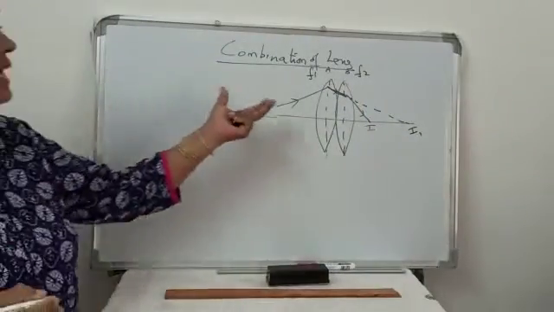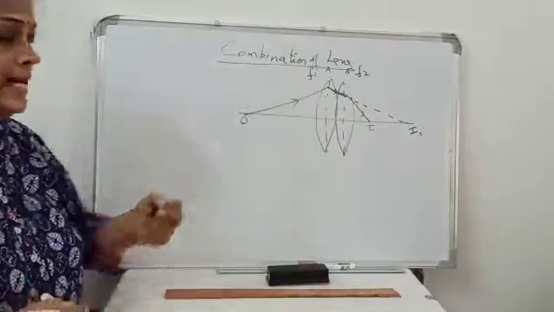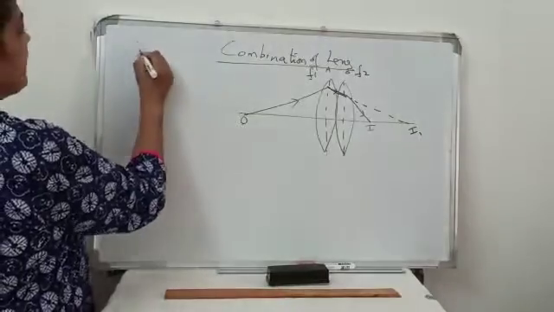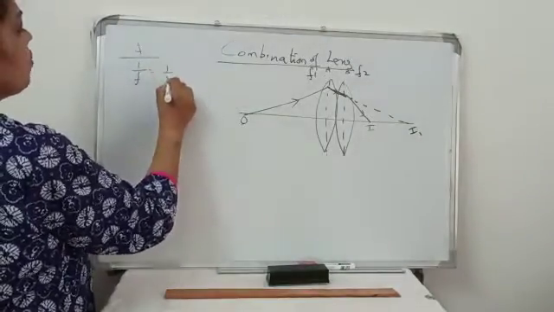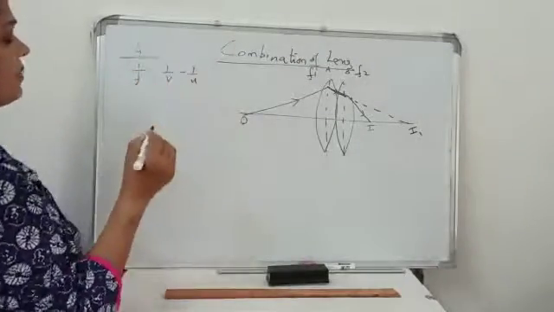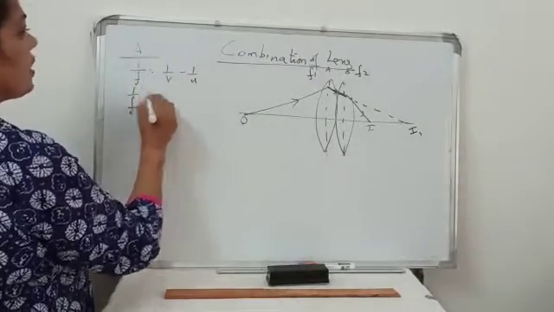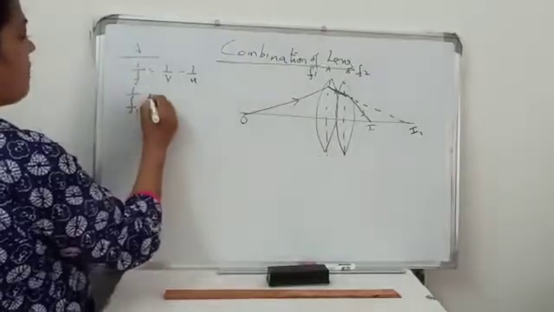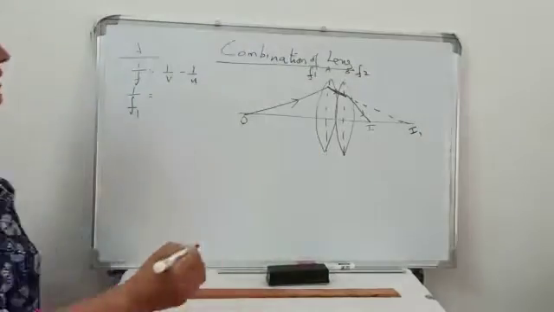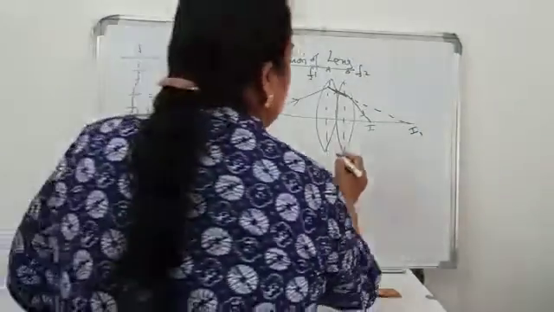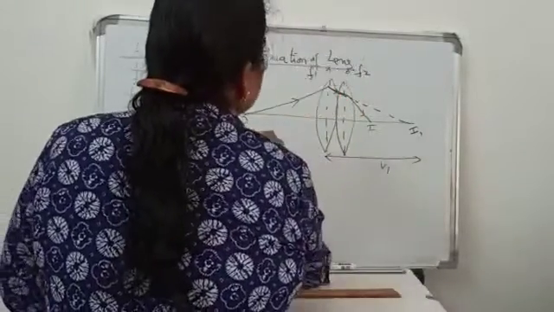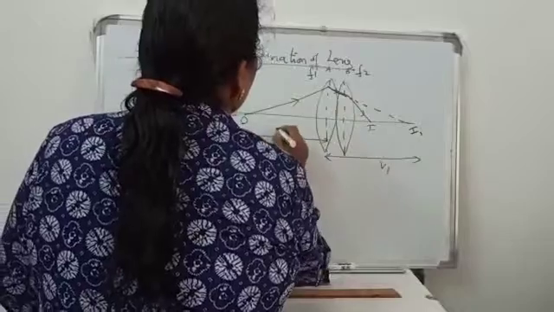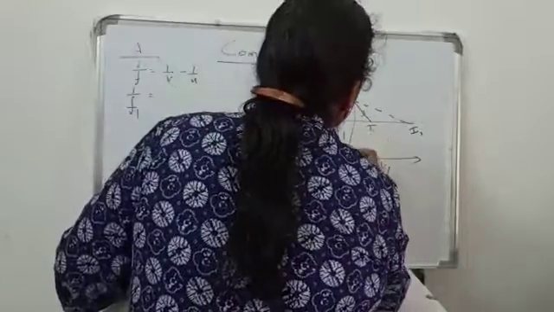Now let us apply the lens formula for both the lenses. For the lens A, what is the lens formula? 1 by f is 1 by v minus 1 by u. The focal length of the first lens A is f1, and let us consider this distance to be some v1. Let this distance be u.